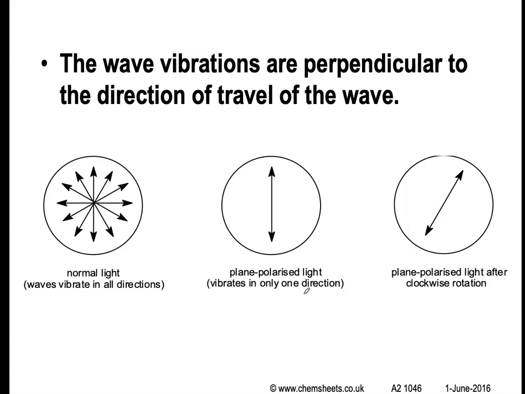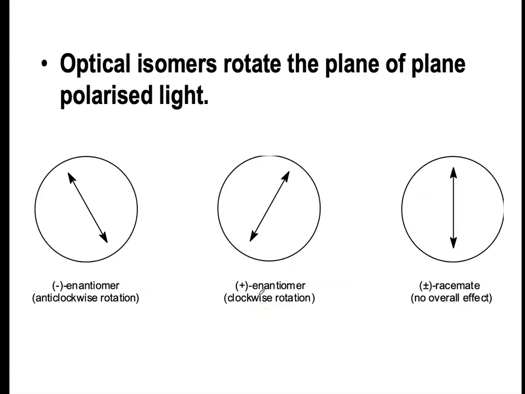So now you can see the polarimeter, which measures plane polarized light or measures optical activity, will rotate light in opposite directions. There's your clockwise rotation there, and then it can rotate light in the opposite direction, which is anti-clockwise.